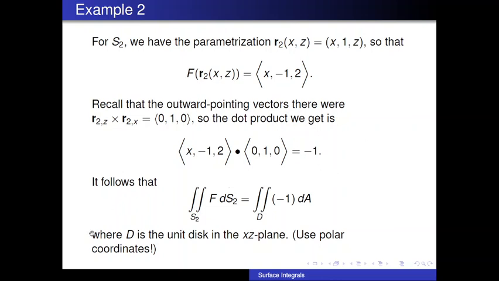Ah, very nice. So then the surface integral of this vector field f over that second part, that disk at the end that kind of caps off the surface, is just the double integral of the function -1 over the unit disk in the xz plane. So there's probably a couple of ways you could do this. You could recognize that it's negative the area of that disk.